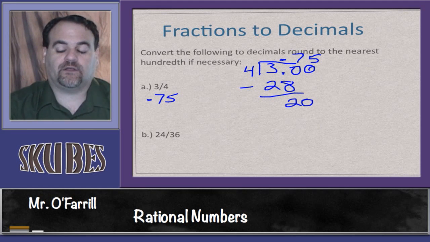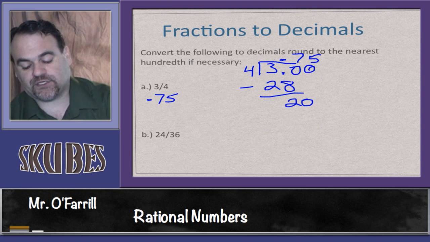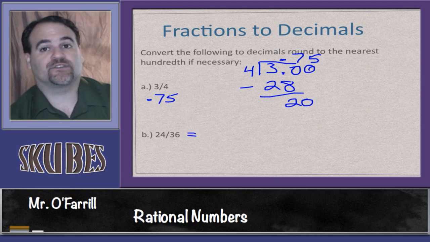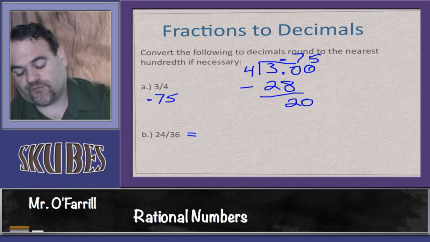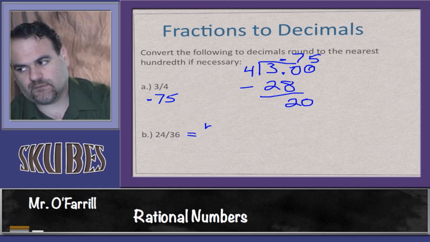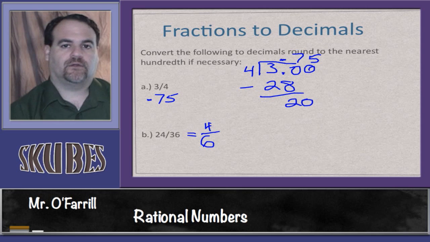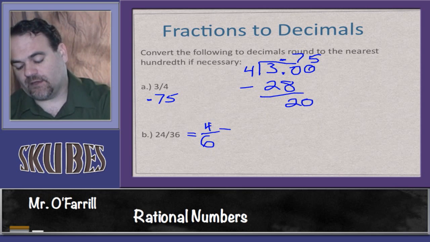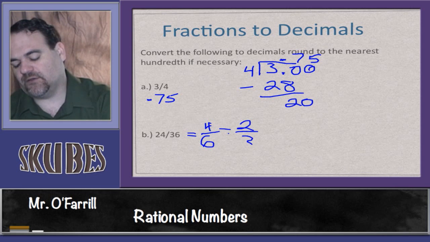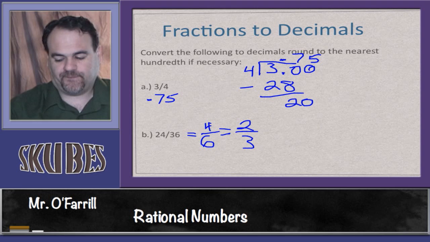The first thing I'd like to do is reduce the fraction, because I don't know if you noticed that the number 6 goes into both of them. 6 times 4 is 24. And 6 times 6 is 36. And just off of that, I can see that we can go a little bit further and bring them down by 2. So what we're really looking for is the number 2/3 as a decimal.